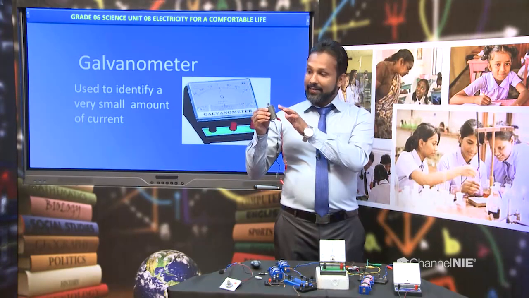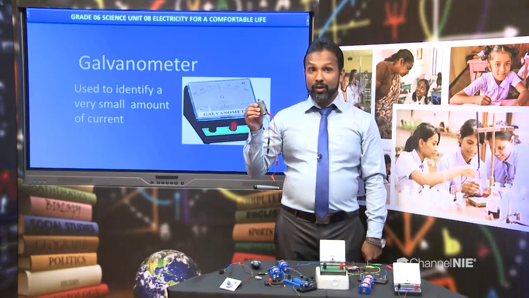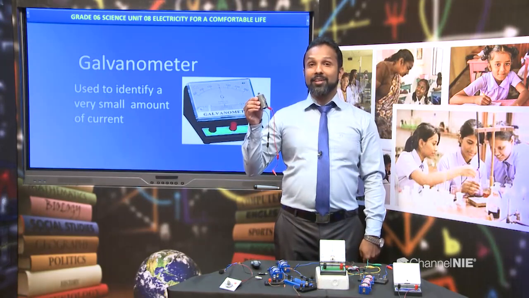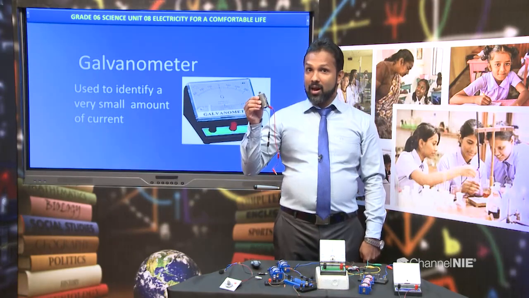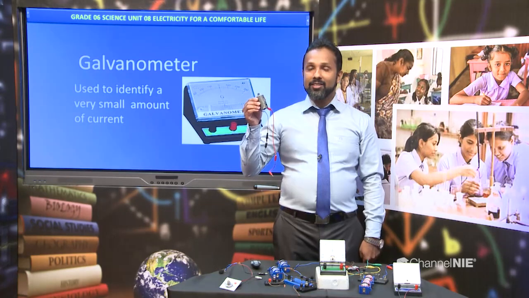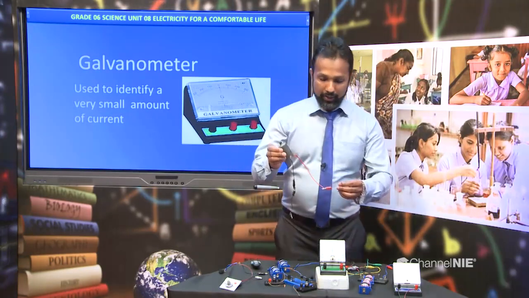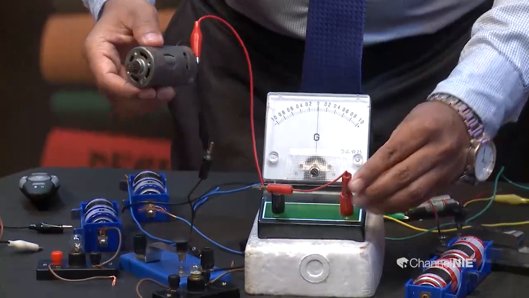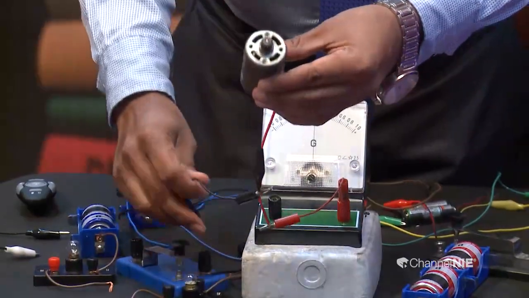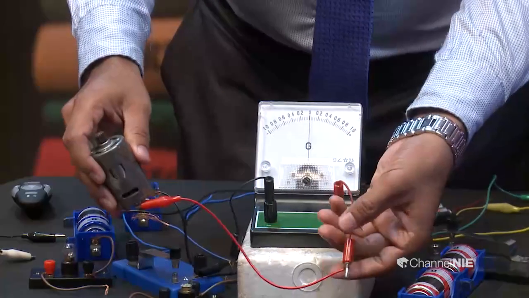I am going to connect this dynamo to the center zero galvanometer using connecting wires, and then you can watch how to identify electricity using the center zero galvanometer. Right. Watch very carefully. I am going to connect the positive terminal to the positive side, and the negative terminal to the negative side of the galvanometer.